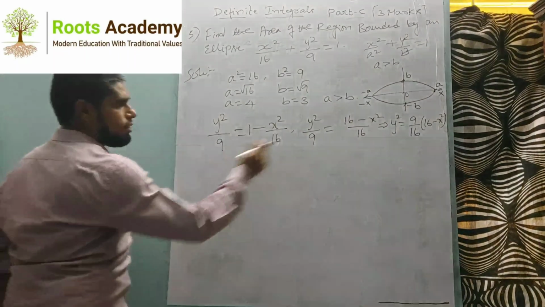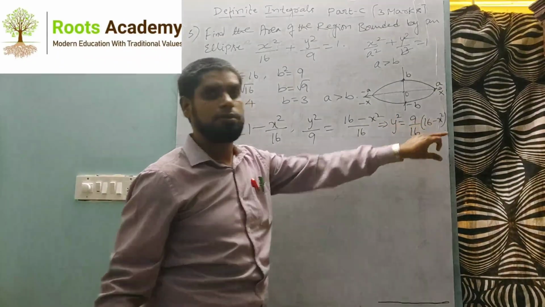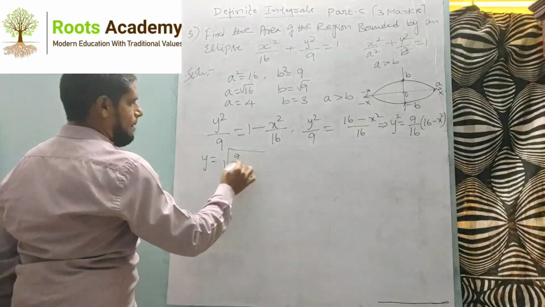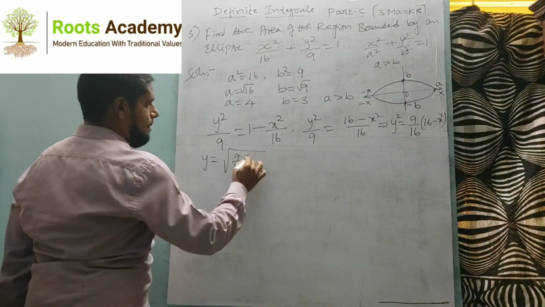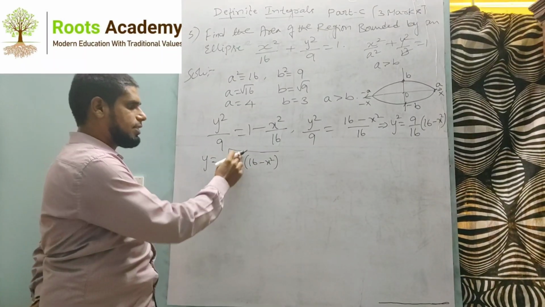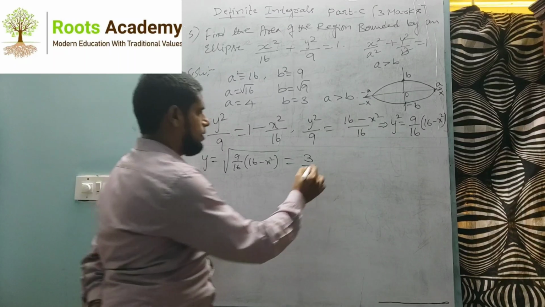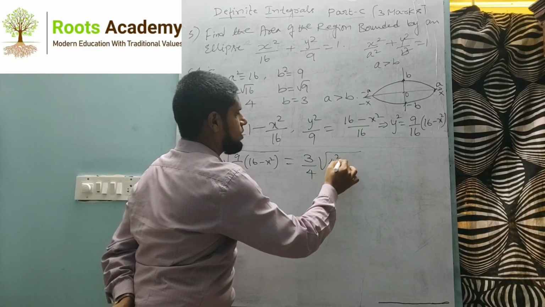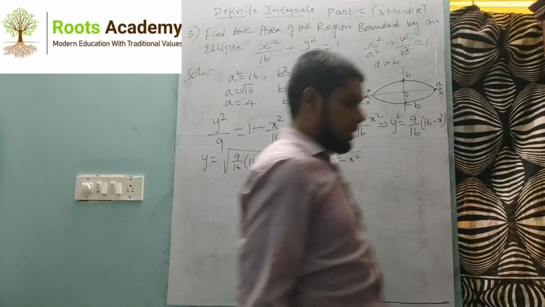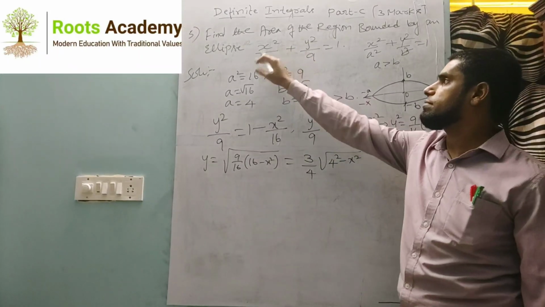If I take the root, y is equal to square root of 9 by 16 times 16 minus x square. 9 by 16, if I take outside the root, becomes 3 by 4. Square root of 16 can be written as 4 square minus x square. This is the value of y we got from this ellipse.